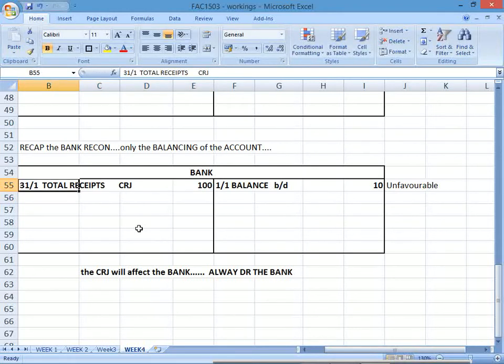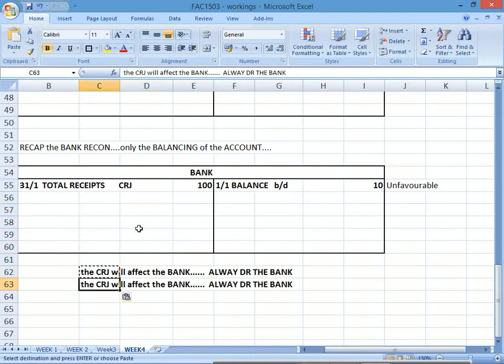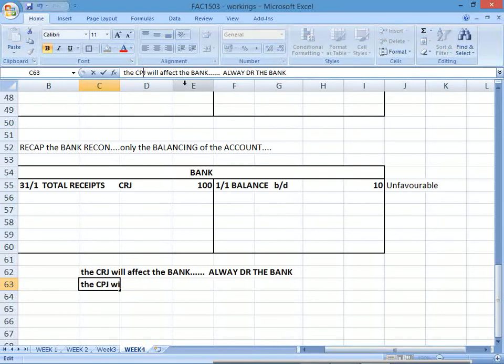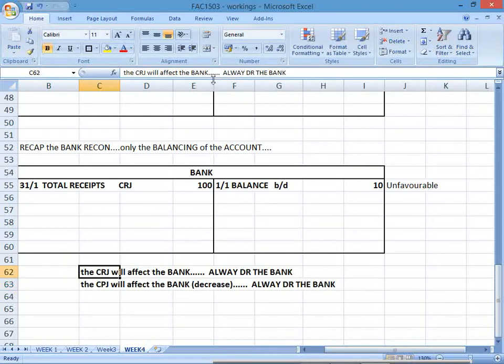Okay, do we only receive? No. We're also going to pay. So what we covered before, the cash payments journal will always affect the bank. How? Negatively. Okay, decrease. I forgot to add a word there, decrease. Affect the bank, positively increase.